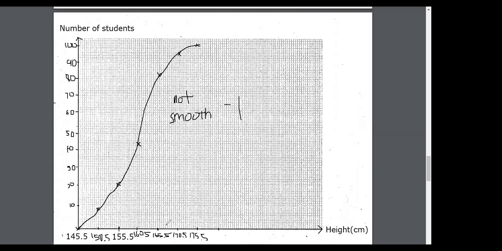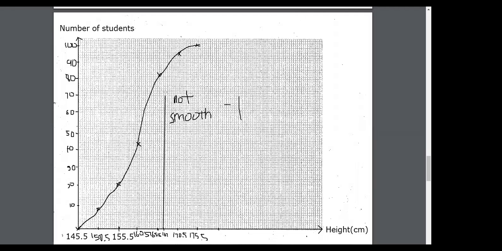We divide 5 by 10 because you need to know where 167 is. So for every line, the distance is 0.5 cm.